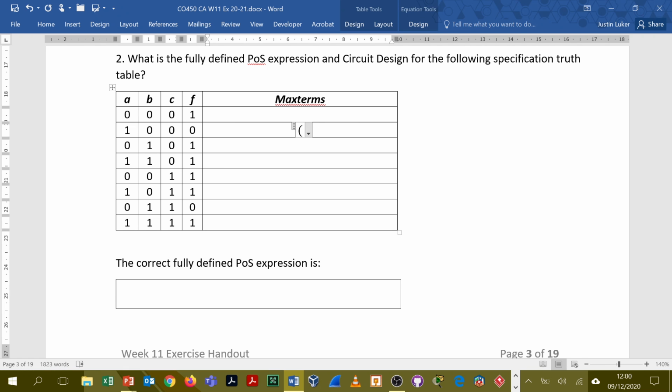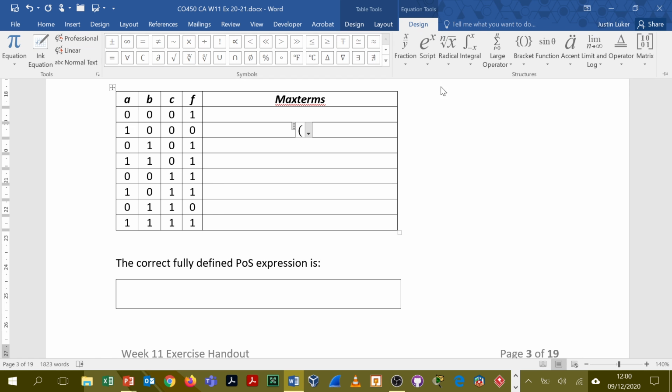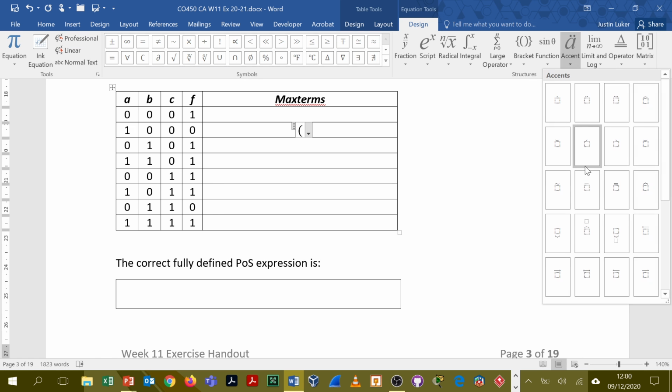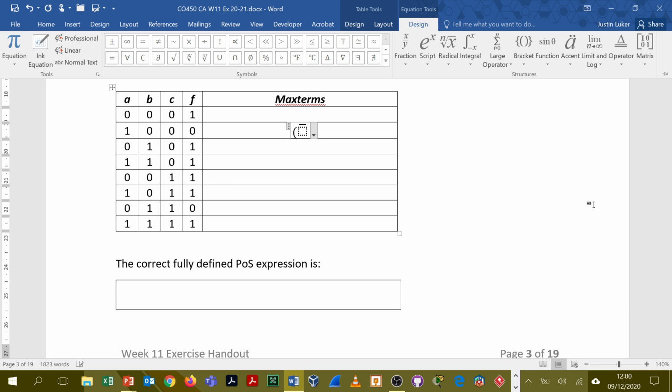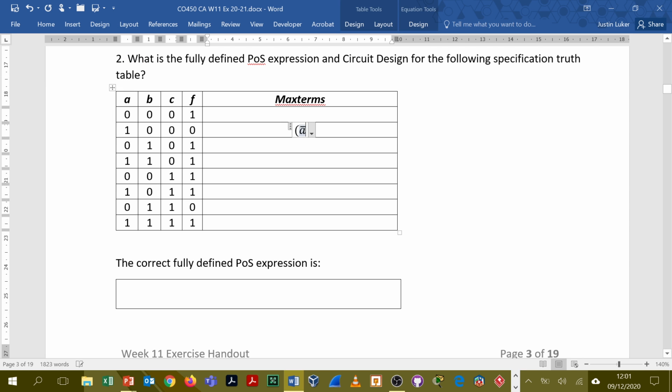Right. So not A, or, and then it's B or C. And that's our max term for that first output.